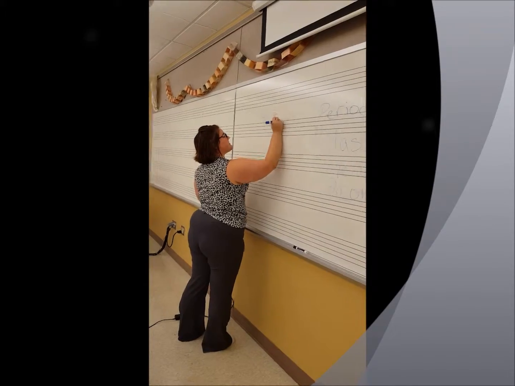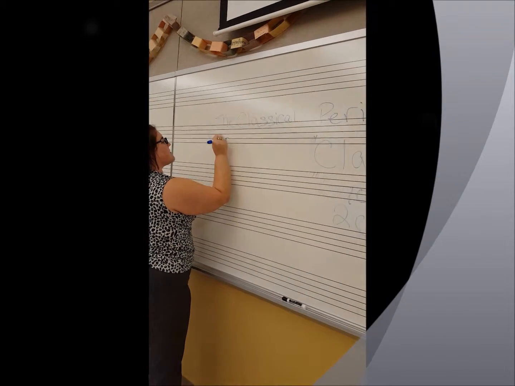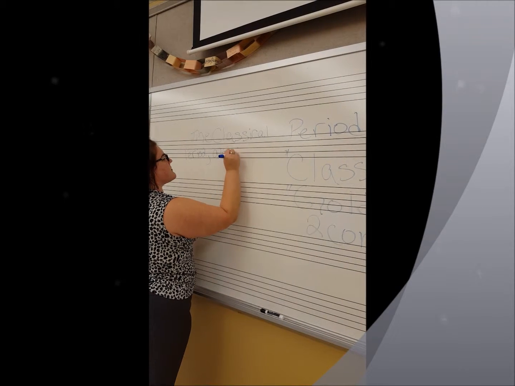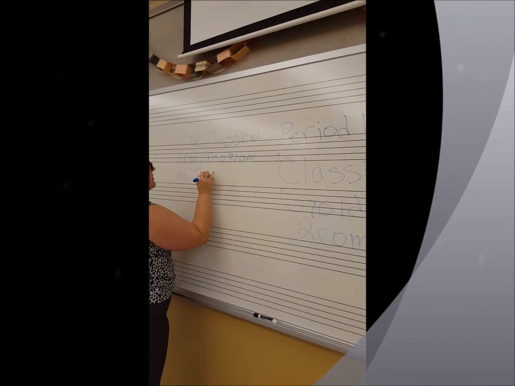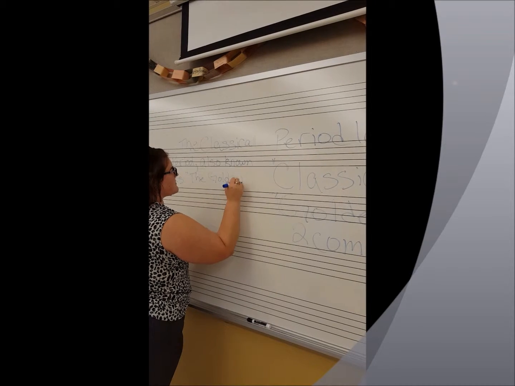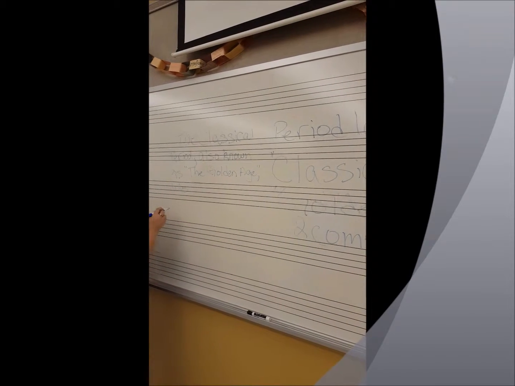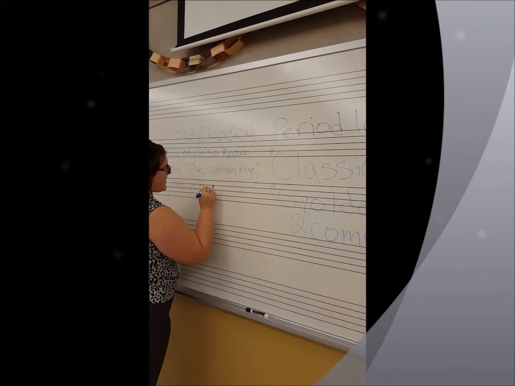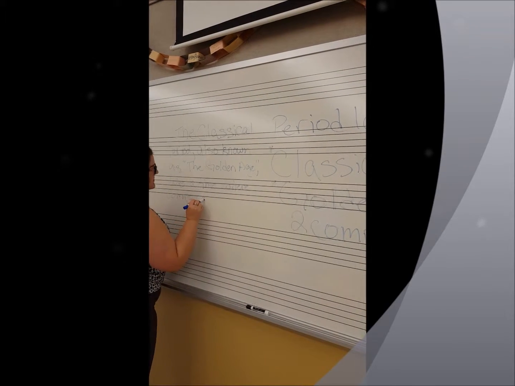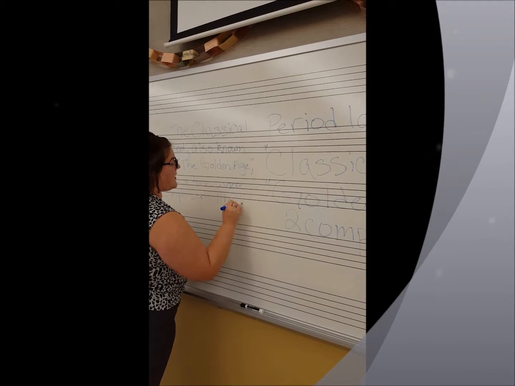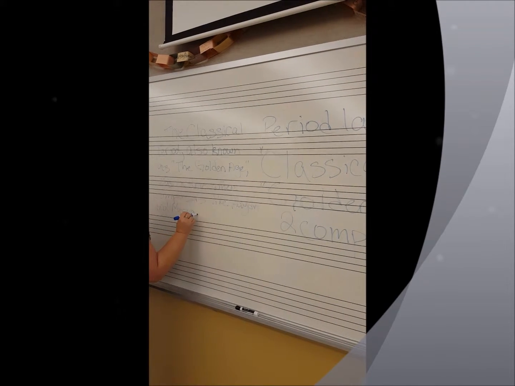the classical period, also known as the golden age, was a time where composers like Haydn and Mozart lived.